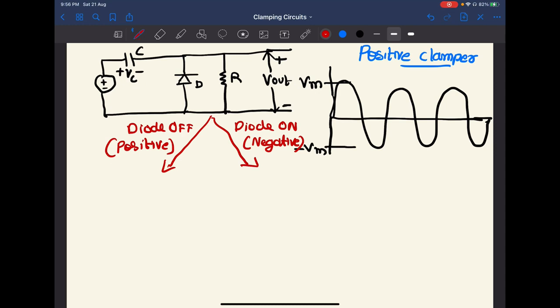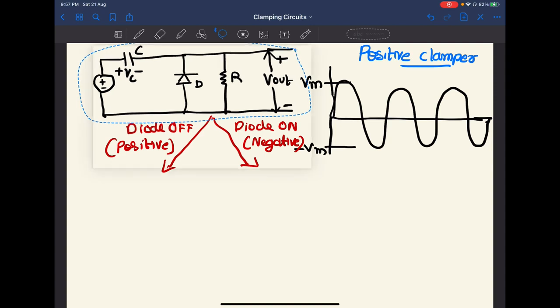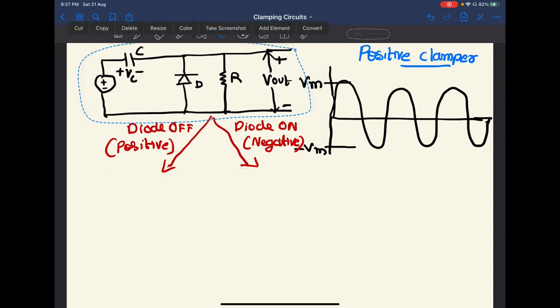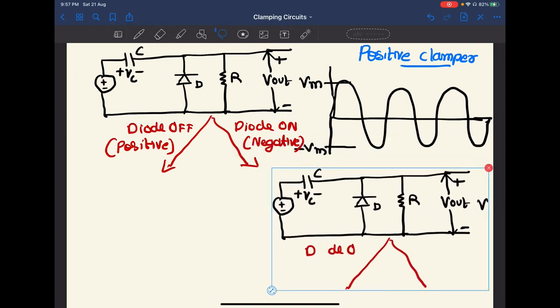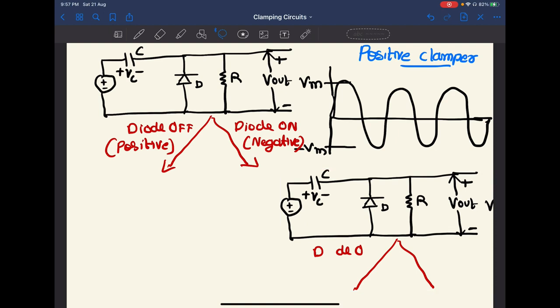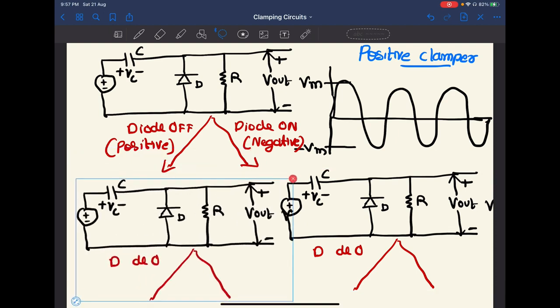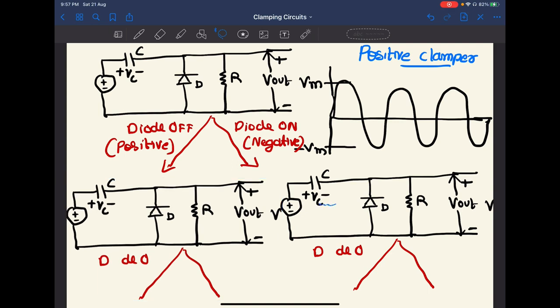If the diode is on, it means it is short circuited. We can copy this. Sorry. So these are the two cases.